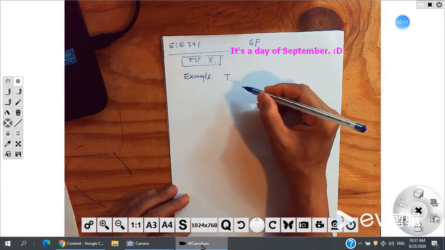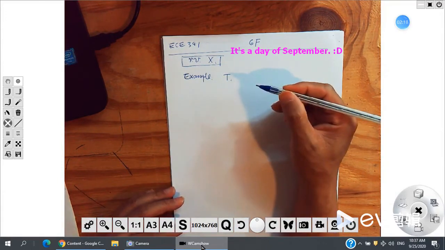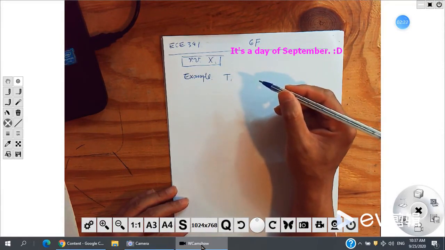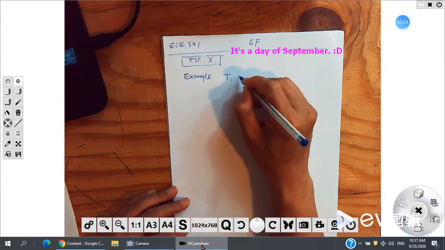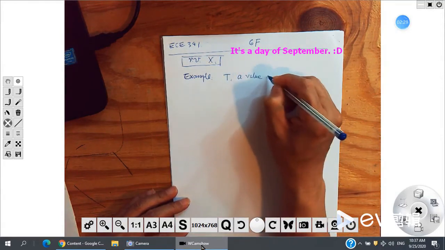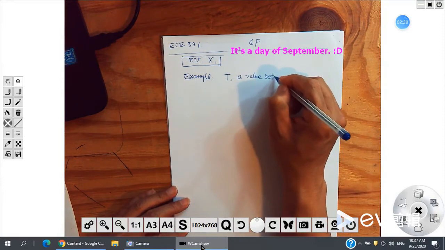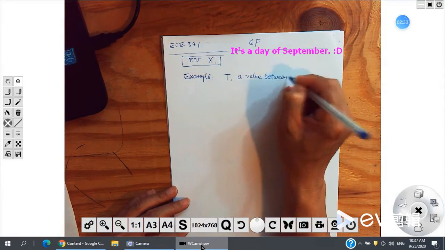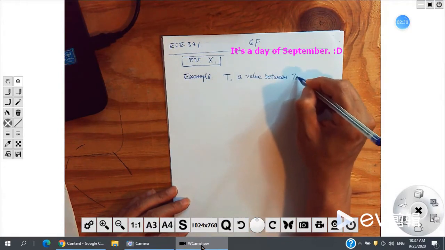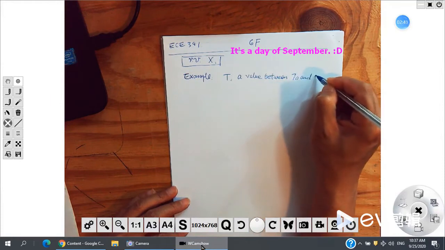I think it's between 70 and 80, something like that. Can the highest temperature go over 80?